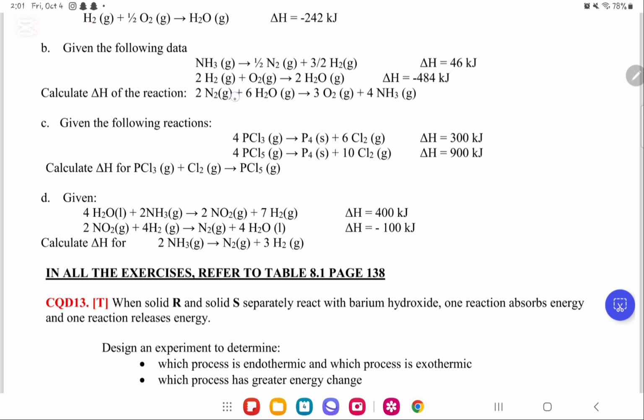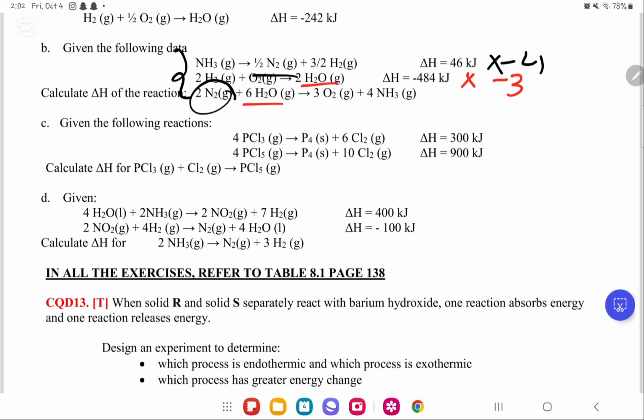So to do it quickly, we need 2 N2 gas. This one has N2 gas, so we're going to multiply it by negative 4 because we need to reverse it and we need the coefficient to be 2. Then we need the 6H2O, so we're going to bring it over here. We're going to multiply this one by negative 3 because we need to reverse it and we also need the coefficient to be 6.